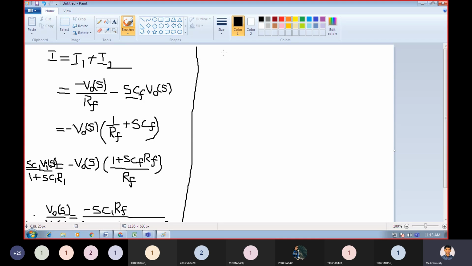Therefore, mod A is equal to, so in the place of S, replace with j omega.